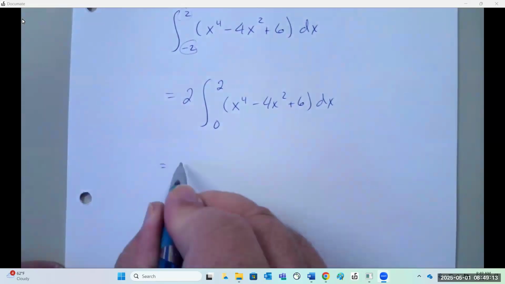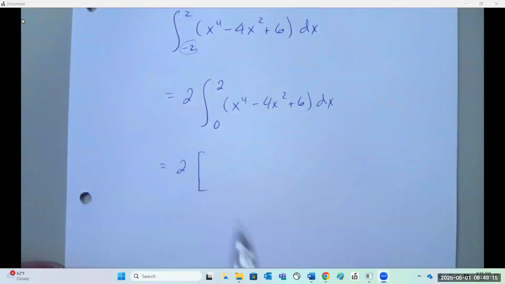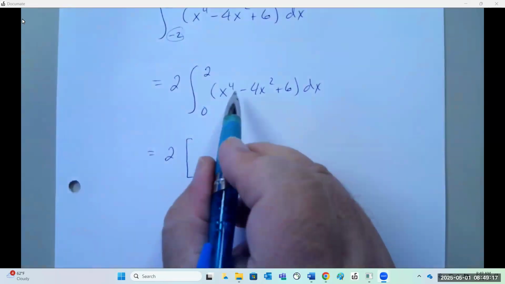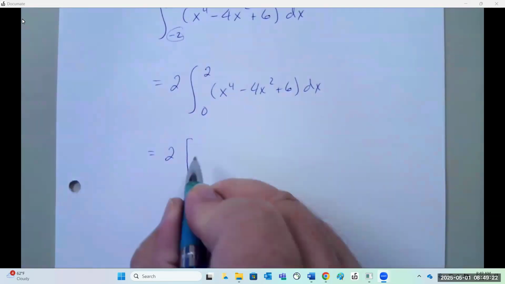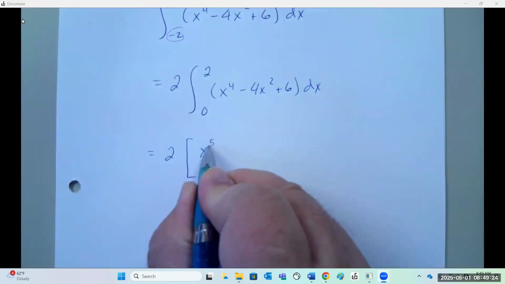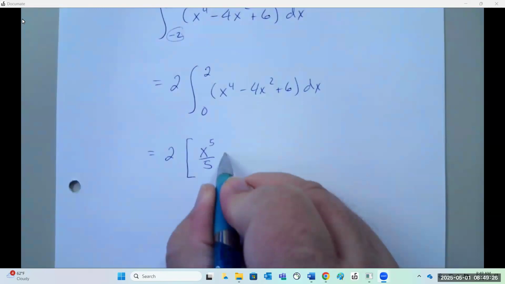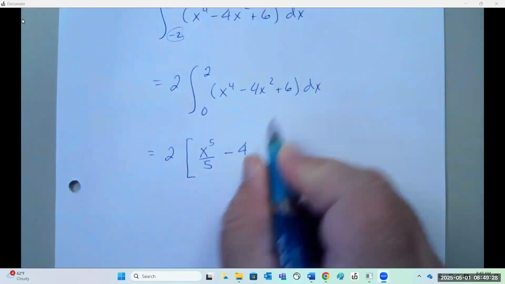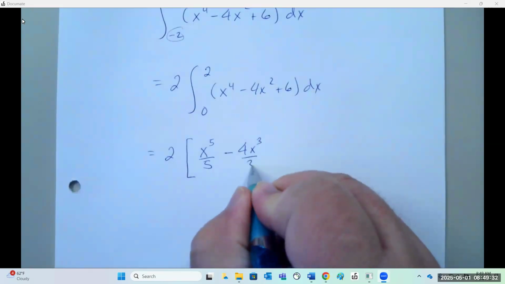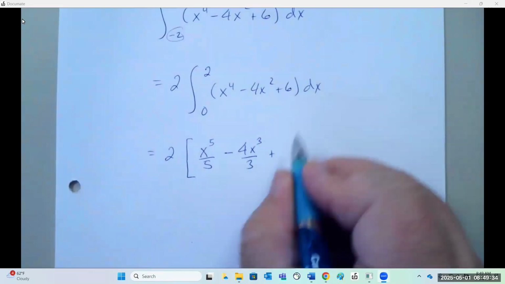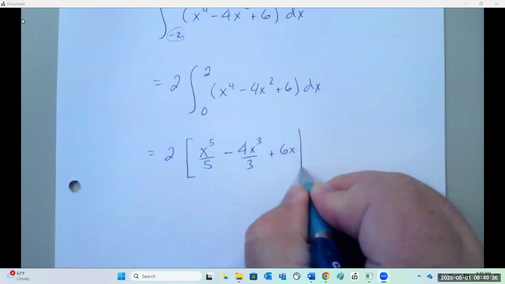So that's going to give us, what's the integral of x to the 4th? x to the 5th over 5. The integral of x squared is x cubed over 3. And the integral of 6 is 6x.